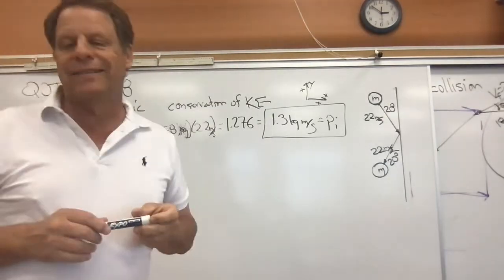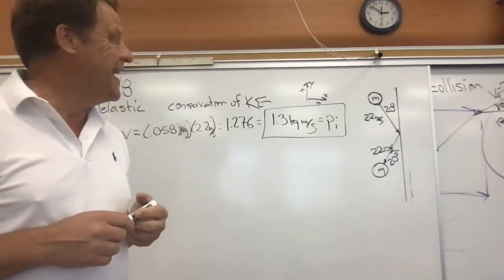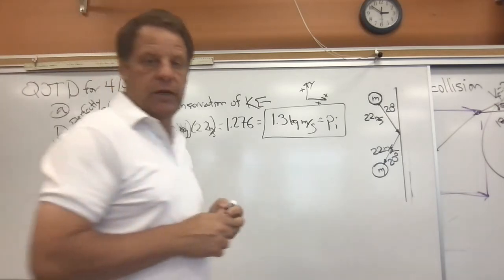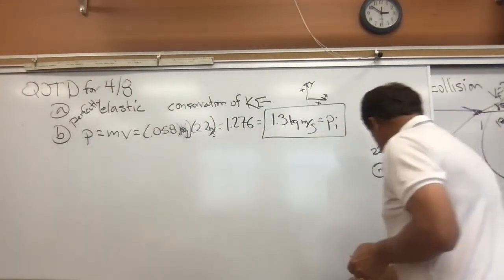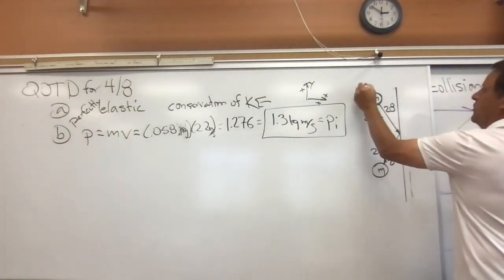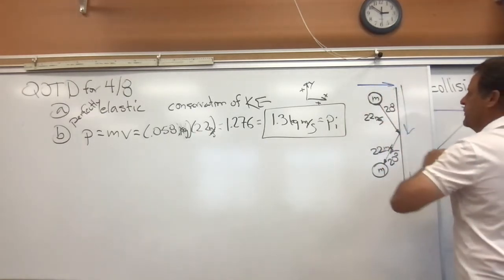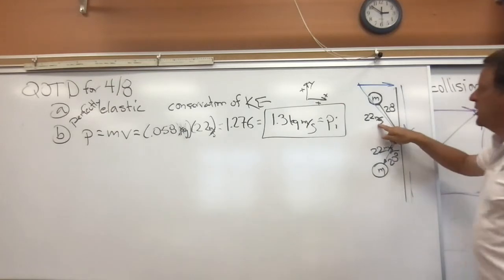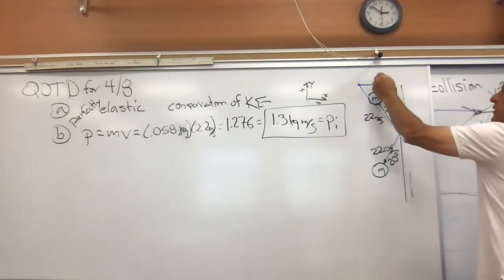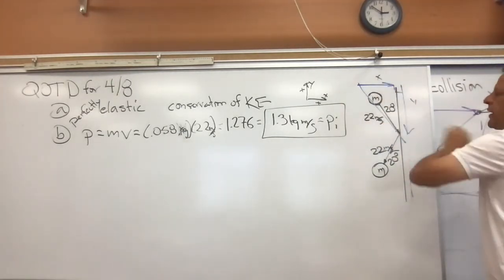Part C asks: what is the initial velocity of the ball in the x direction? Looking up here, we have an initial velocity in the x and an initial velocity in the y, and we have a right angle.